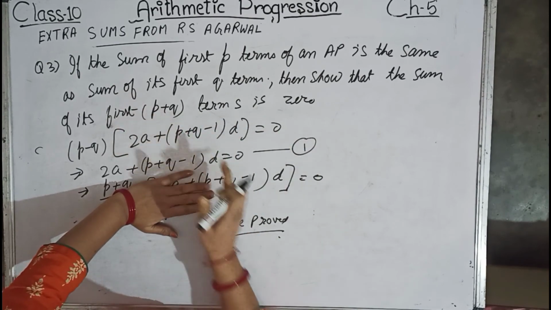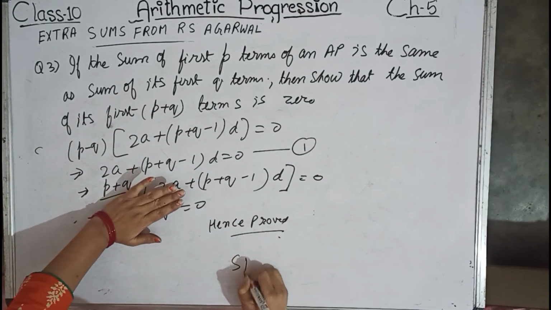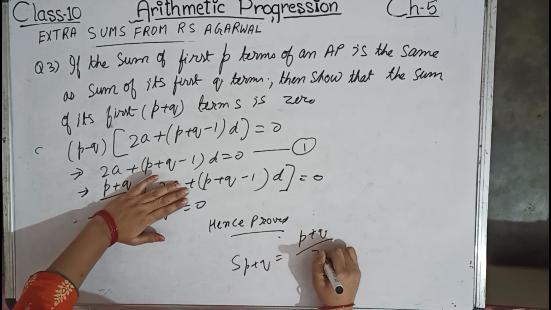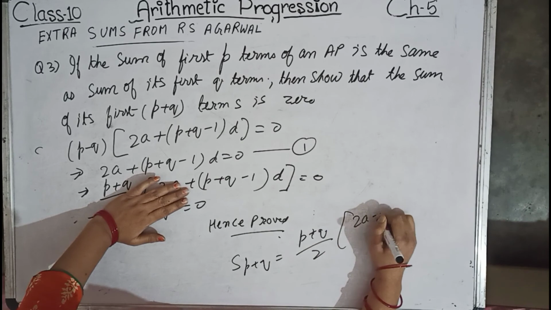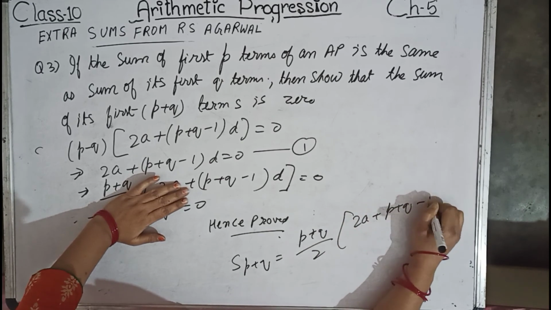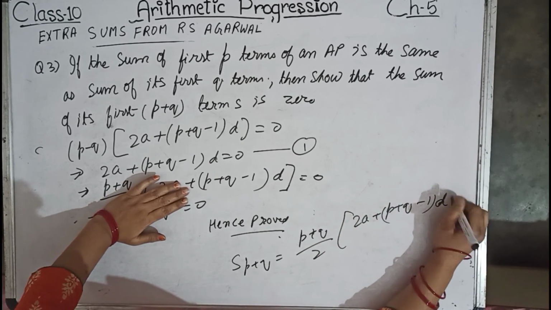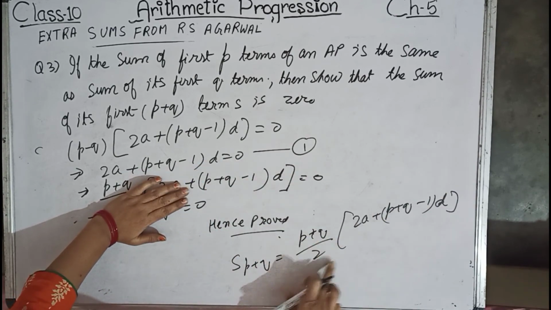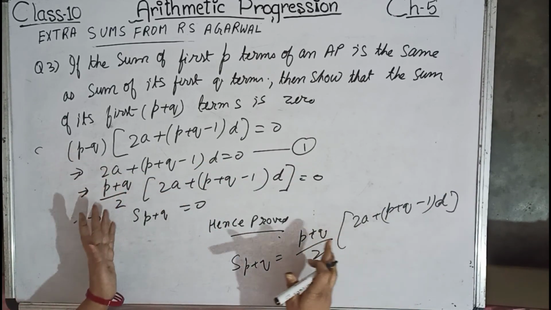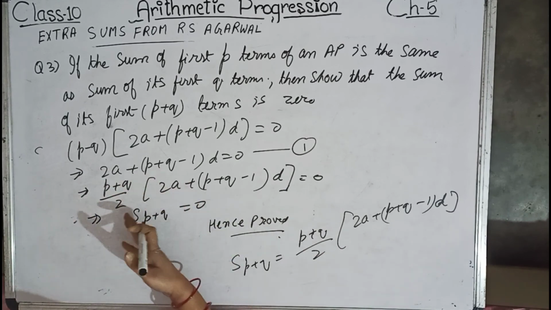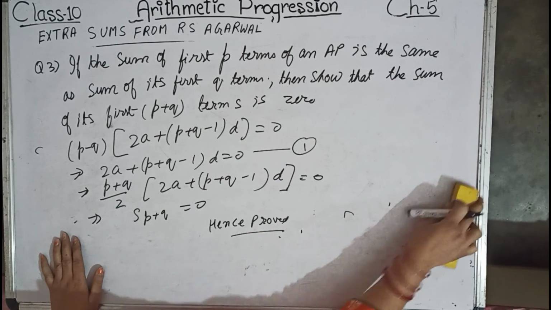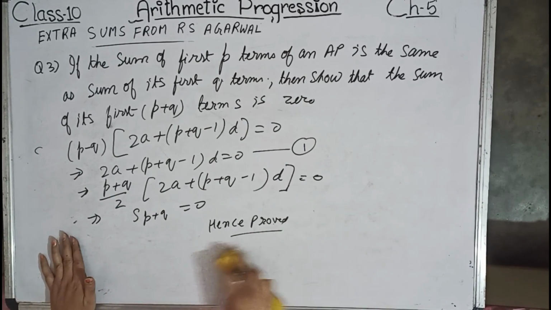Now S of P plus Q, I'll write the formula as S of P plus Q equals P plus Q by 2 into 2A plus P plus Q minus 1 into D. And this value is 0 from equation number 1. So P plus Q by 2 into 0 equals 0 and hence proved. But over here I have made the arrangement by multiplying it with P plus Q by 2. Same thing it is. Understanding part is required.